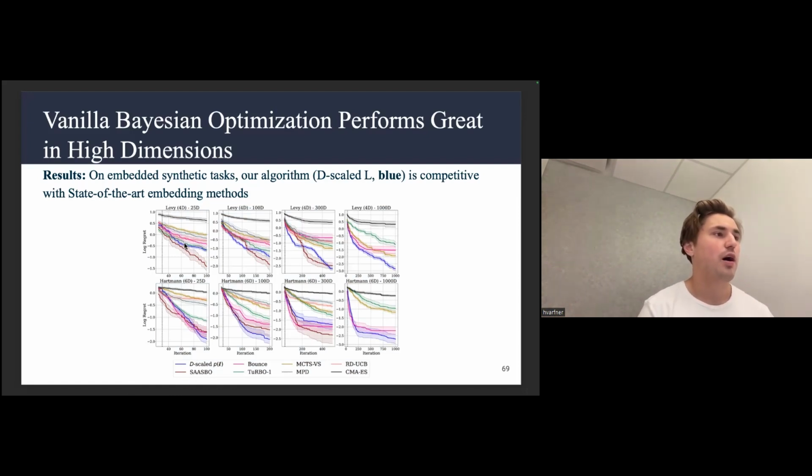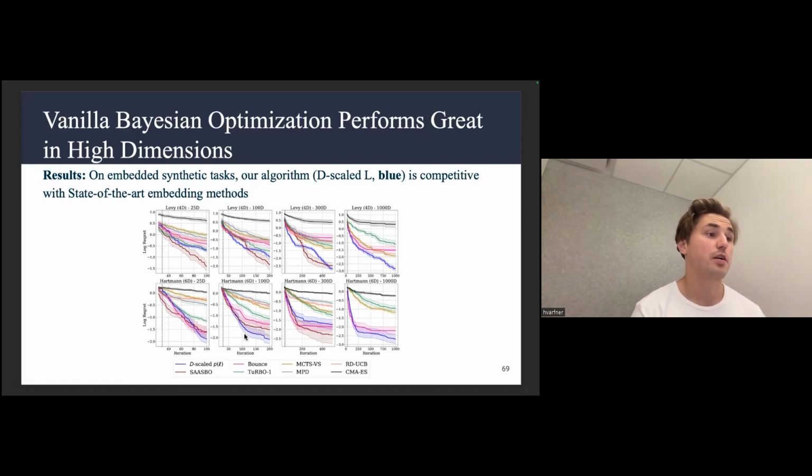And so our method here in blue does very well, especially as we increase the dimensionality from 25 to 100 to 300 to 1,000. It's perfectly capable of optimizing the problem regardless of the dimensionality.